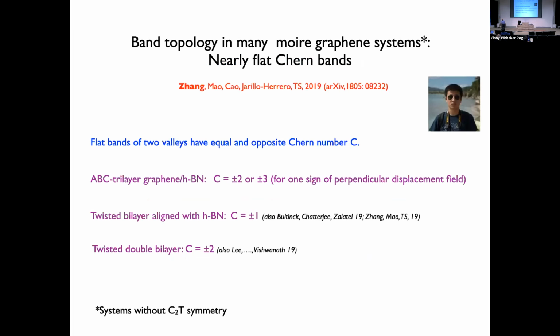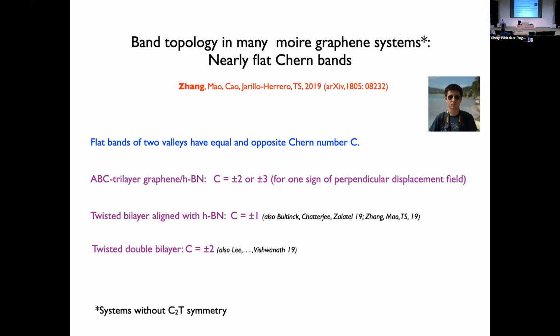For ABC trilayer graphene on boron nitride, it turns out that the Chern number is high. It's either plus minus 2 or plus minus 3, depending on parameters. And furthermore, whether it's this or whether you get a topologically trivial band can be controlled electrically by changing the sign of a perpendicular displacement field that the experimentalist can apply with a dual gate.